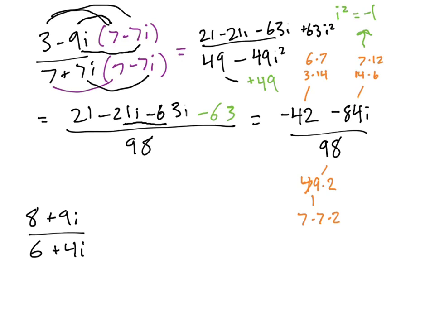So 7 times 7 times 2, another way we could write that is 7 times 14. So notice that every term in our numerator and denominator has a greatest common factor of 14. And if we divide by 14 in the numerator and denominator, that will make all of these numbers smaller, and we'll be left with negative 3 minus 6i all over 7.